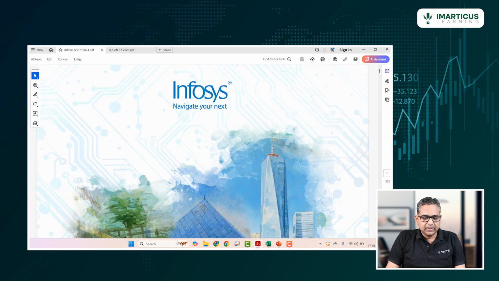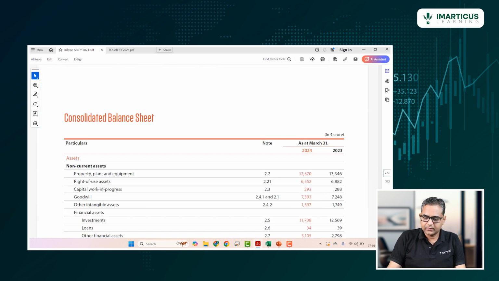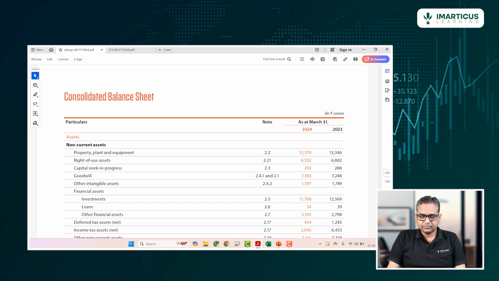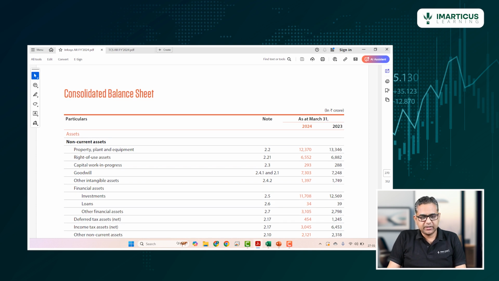Let's understand this better. So let's say I'm looking at the numbers of Infosys. So I'm looking at the latest available annual report of Infosys, and I move to its consolidated statements. So we have three financial statements: balance sheet, income statement, and cash flow statement.